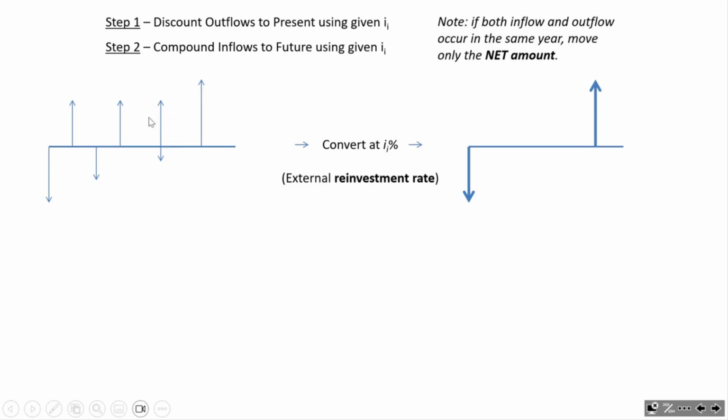If there's an inflow and an outflow in the same year, find the net amount. So you wouldn't take this little amount to the present, you'd find the difference between the two in that year, and you'd take the net difference. In this case, it looks like the inflows are bigger than the outflows, so you'd take the inflow to the future. You won't get the right answer if you don't take the net amount.